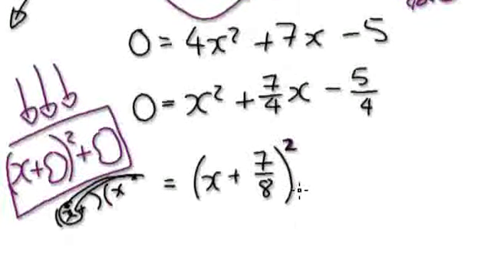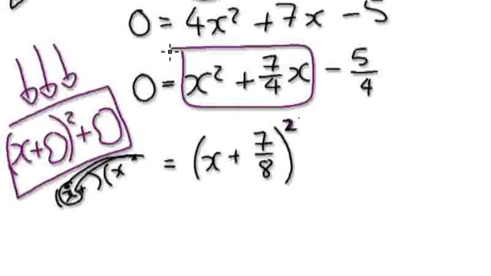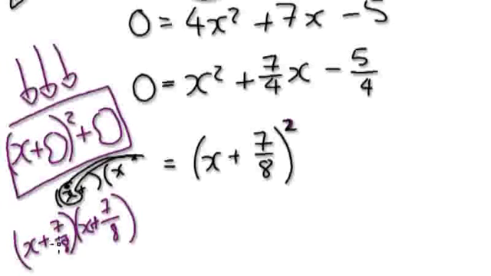Okay, hang on. So you see, when you square this here, you're going to get these two terms plus the rubbish at the end. So if you have 7 over 8 times by itself here, x plus 7 over 8, you're going to get this rubbish here. When it comes to the number times the number, you're going to get that rubbish. So 7 times 7 is 49, and then 8 times 8 will be 64.